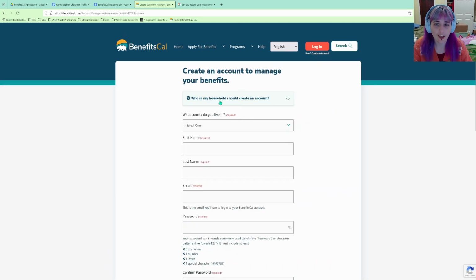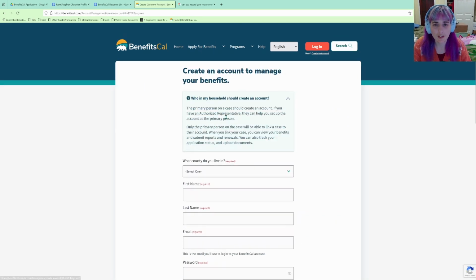And here's this household thing. If you are part of a multi-person household, whoever is the primary person that you want to be dealing with the stuff on the case should be creating the account. You can add people as an authorized person on a case. That's not too hard to do.